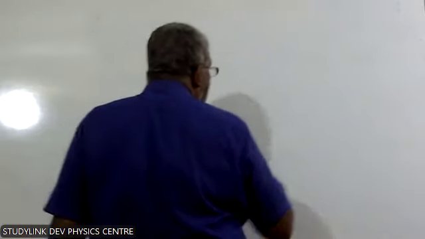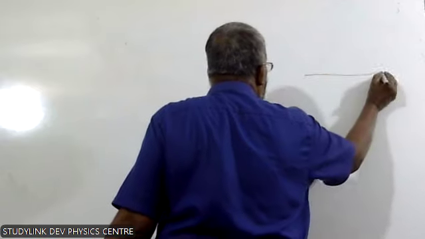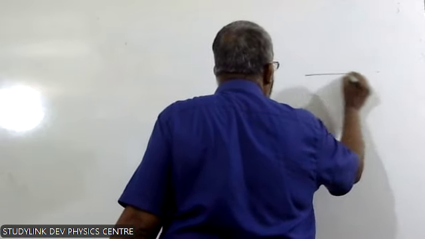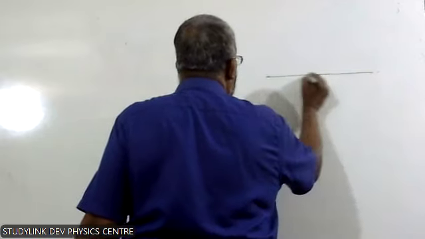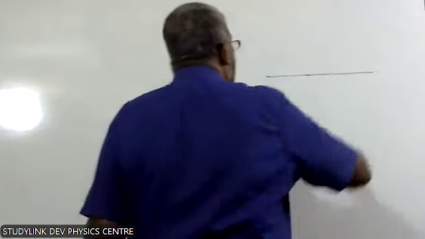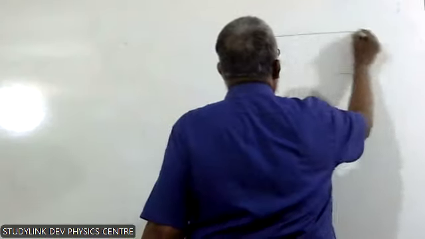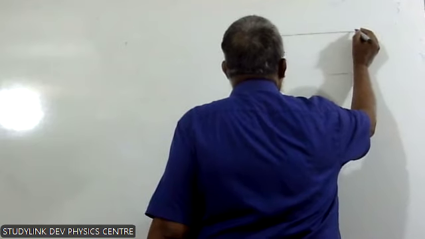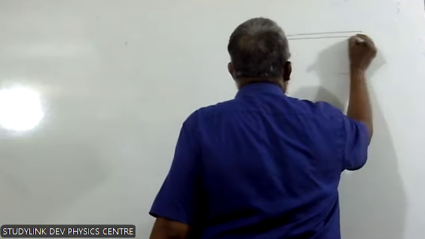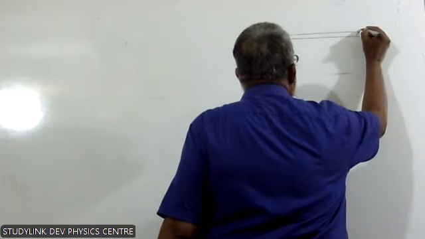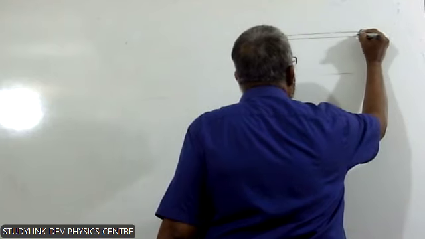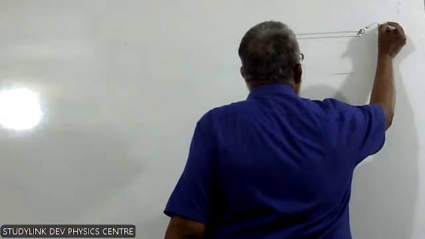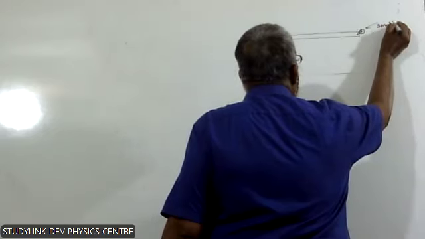We'll say there is a horizontal surface. Our table, we'll say. Then this is the horizontal table. At the end, there is a small pulley connector, a smooth pulley.